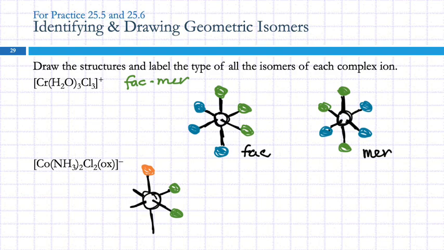I don't know why. And then we'll make the oxalate purple again, for no particular reason. So now the question is, can we attach those and make different isomers?